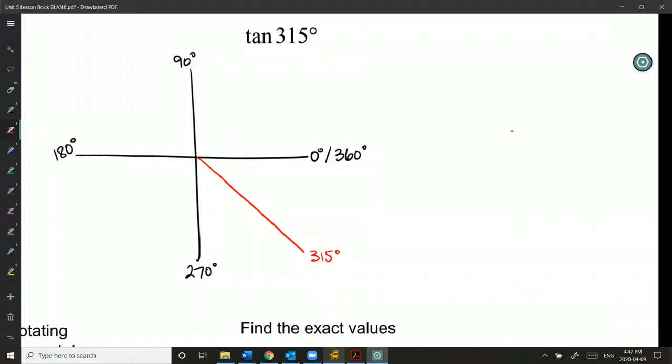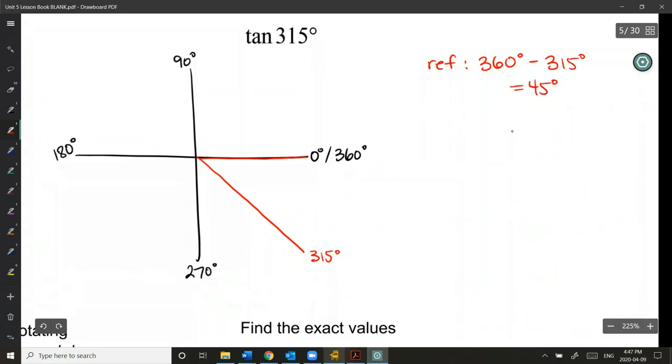Now the angle that I'm really interested in is the angle between my terminal arm and the closest x-axis. So that is the angle that falls between 315 and 360. So that's going to be 360 minus 315, and that gives me a measurement of 45 degrees.